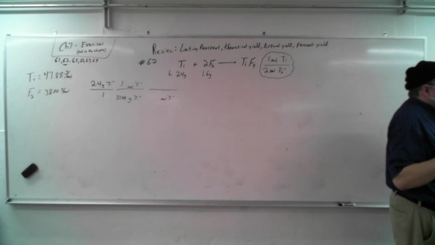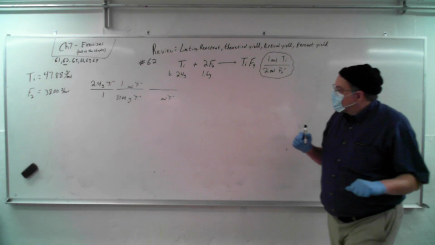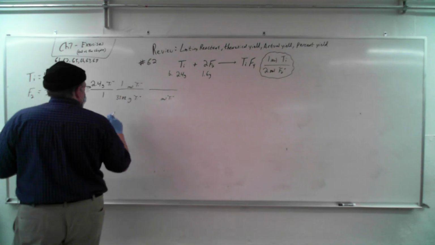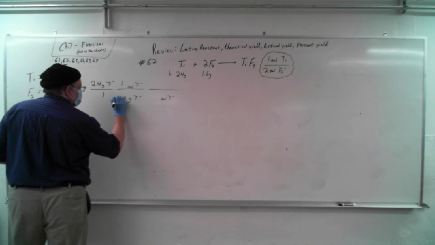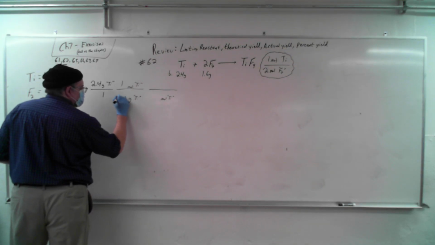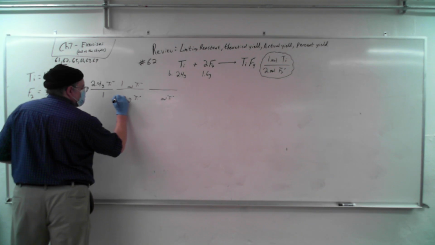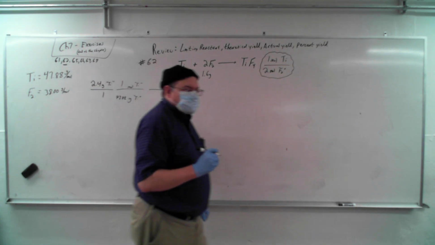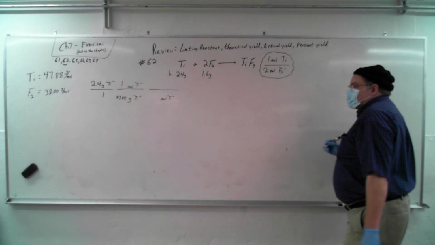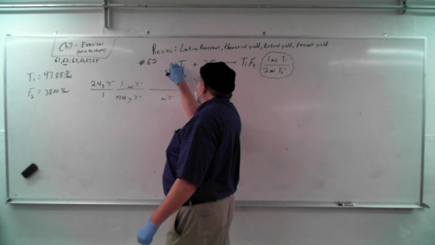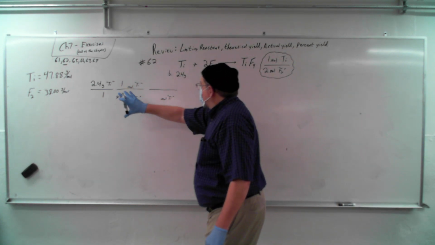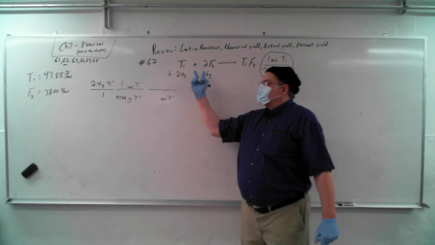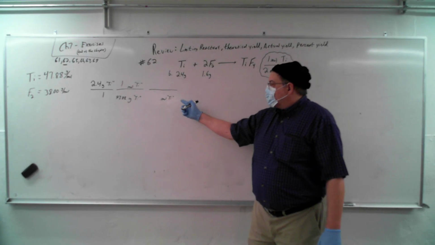Is this supposed to be 47.88? Yes. Thank you. You guys always call me out when I make a mistake. I'm never going to deny it and pretend I didn't. So you need the grams per mole for this thing, which is this. You need the molar relationship for the 2 reactants. That's here.